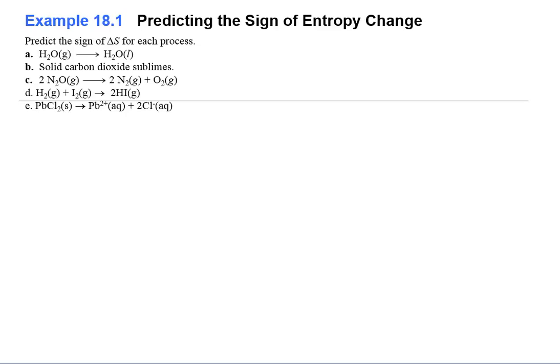Normally, if you are given a chemical reaction, what you should look for is how many gas molecules are in your product and how many gas molecules are in your reactants. The gas molecules will give you an idea what changes in entropy you are going to have.